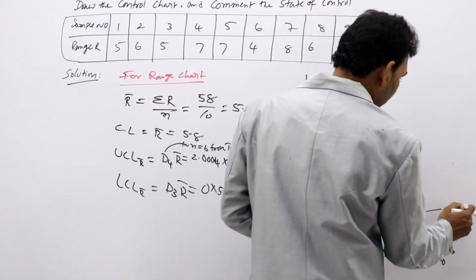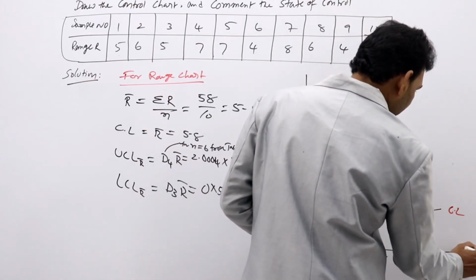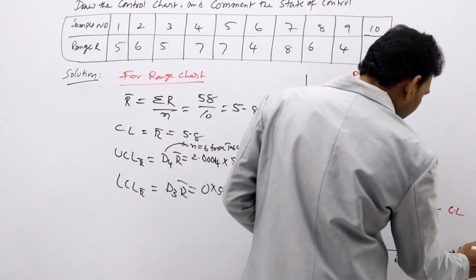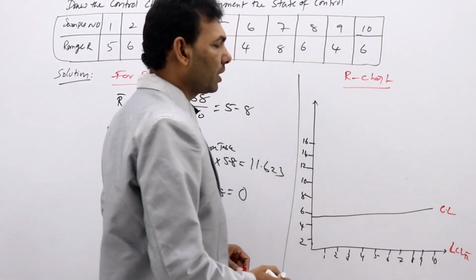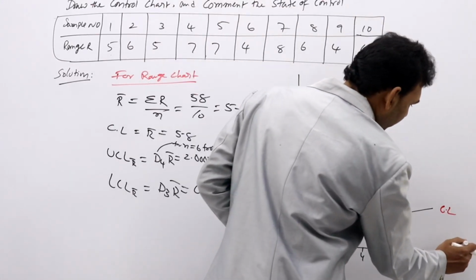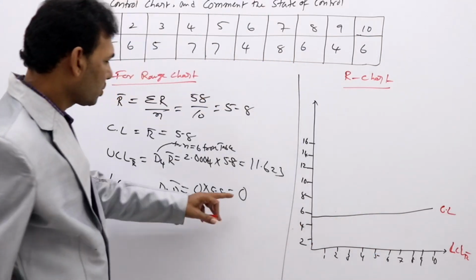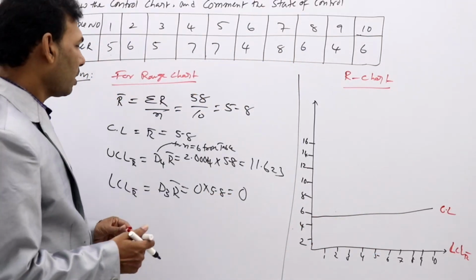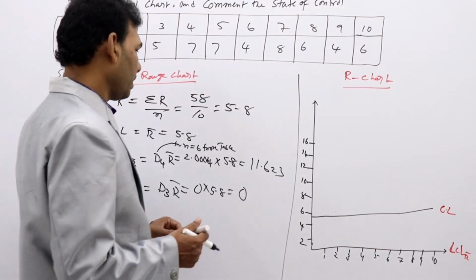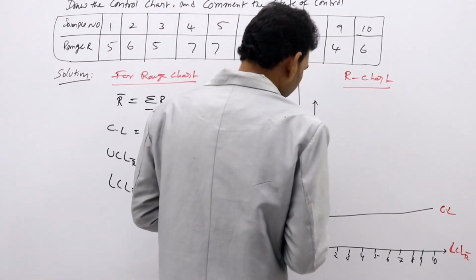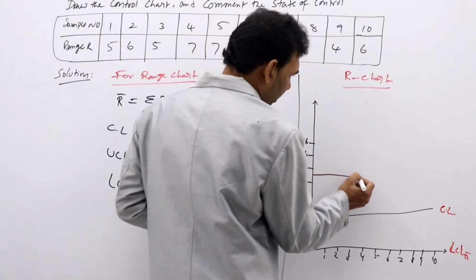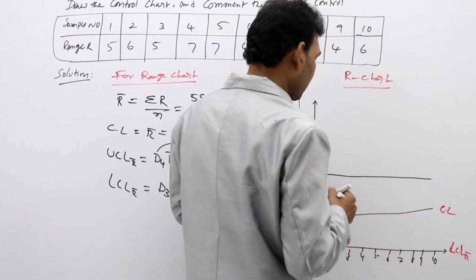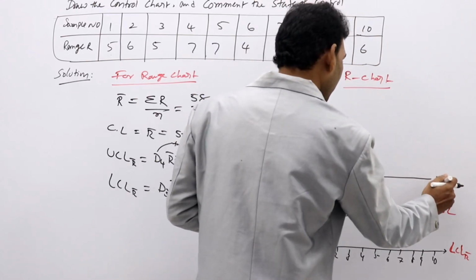This is the central line. Next, the upper control line at 11.6, approximately here.